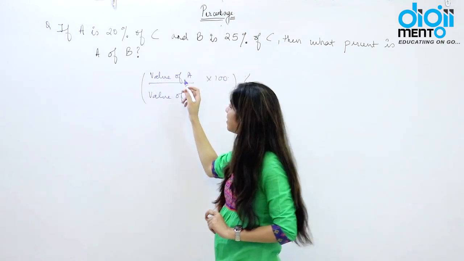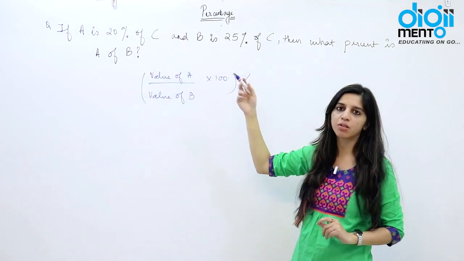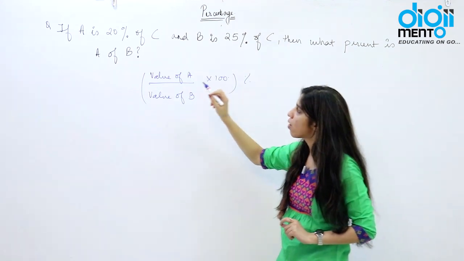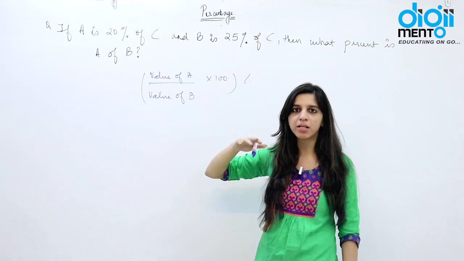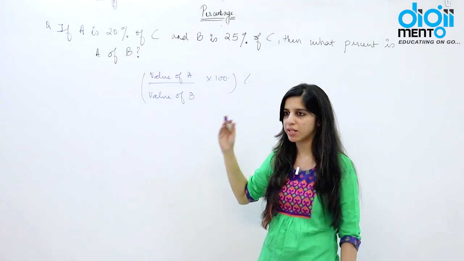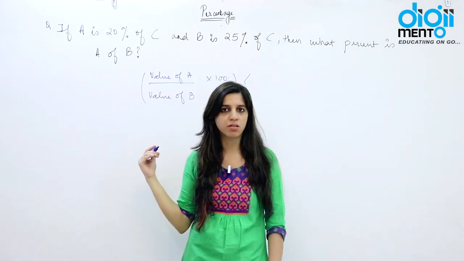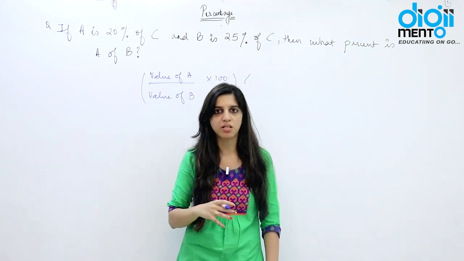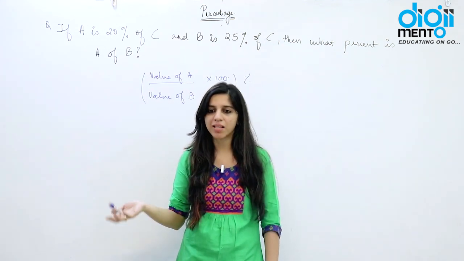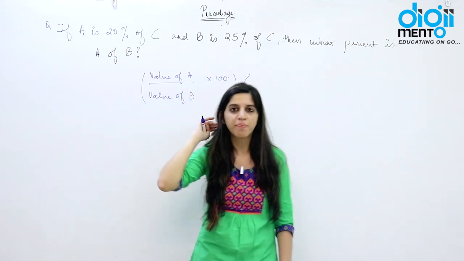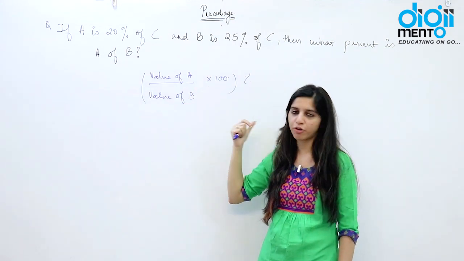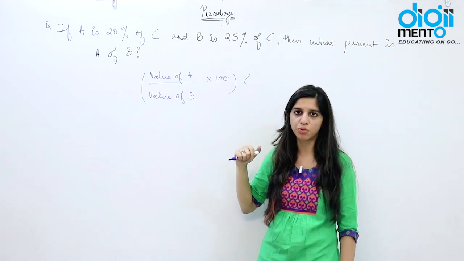Now to find this, we are taking help of a third quantity C. Now what do they say? See, just make it a habit. As soon as you read the question, as soon as you start going through the lines of the question, start making mathematical equations corresponding to the English language lines. So that saves a lot of time, especially in aptitude questions.